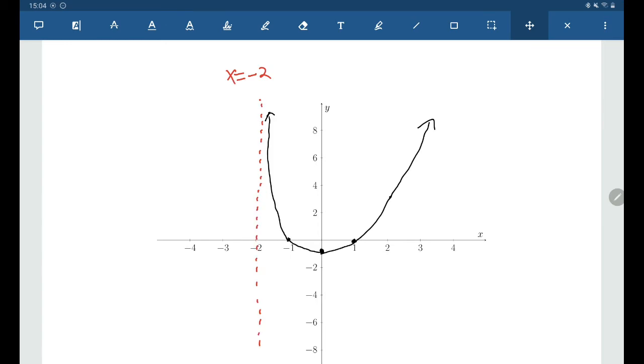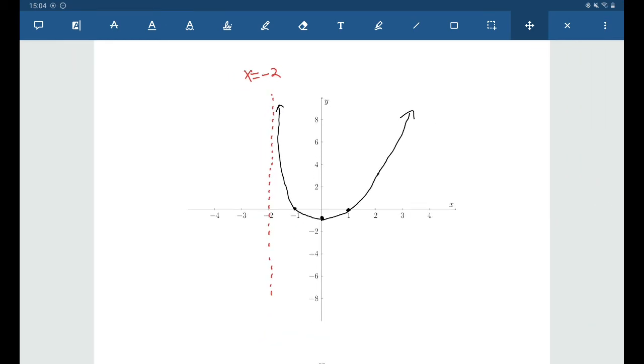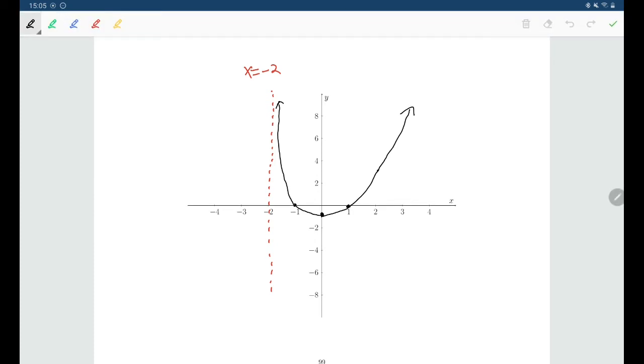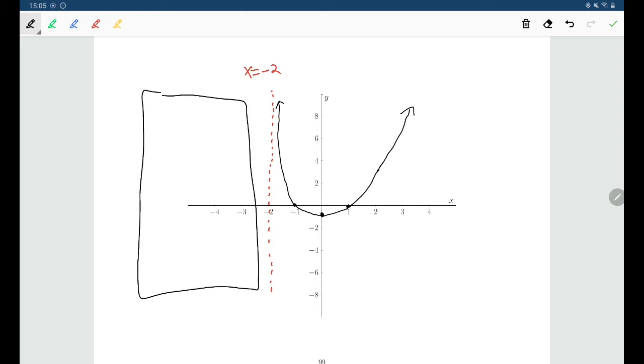What does it look like? We know on the right side of that vertical asymptote, we are going up on one side and up on the other. The next thing that we'll need to address is what happens on the left side of the graph. What happens over here? And so again, this is something where we'll need to pick a test point so that we'll know what will happen.